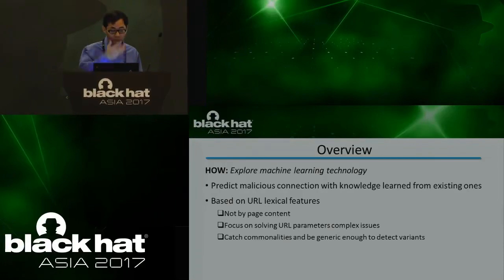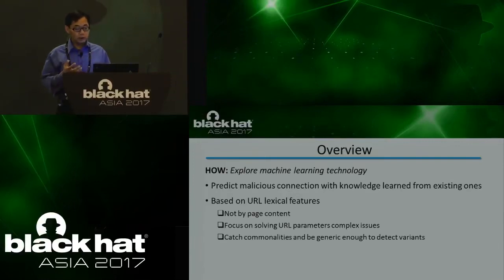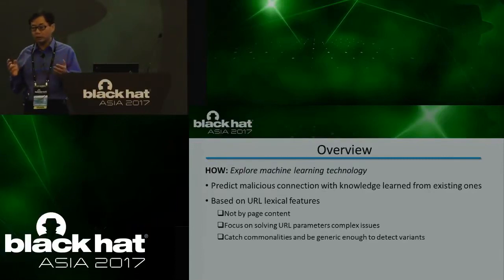So I'm going to talk a little bit about the way we use it. The topic of this talk is beyond blacklist. So we want to detect malicious URLs. The URLs are basically HTTP URLs. HTTP is still the most used protocol for a compromised host to make connections.